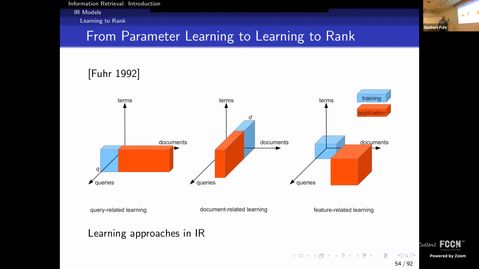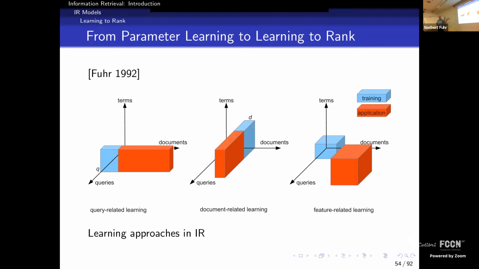For example, the system could present 20 documents. Of course, that would be way too much, but the basic idea is to present some documents to the user. Then the system estimates the parameters of the model, and these parameters can be used to rank the remaining documents in the collection. That's the basic idea: learning or training here, application here for further documents for the same query. But of course, the limitation is that for the next query, you have to start all over again.